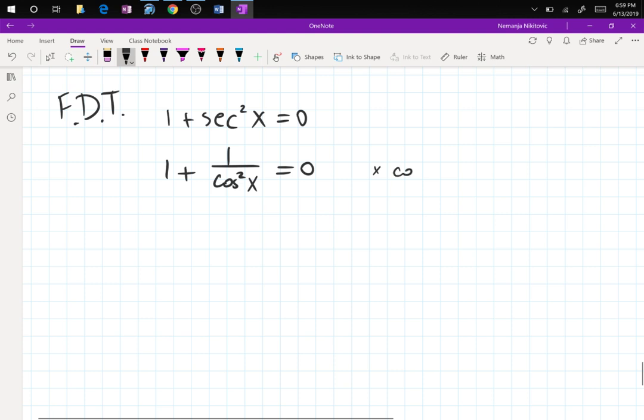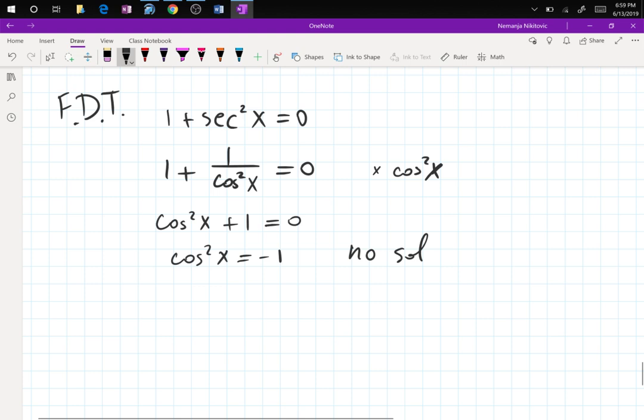Multiply through by cosine squared x to give cosine squared x plus 1 equal to 0. There's no way to get rid of this: cosine squared x equals negative 1. No matter which way you flip this, you always get the square root of negative 1. So no solution.